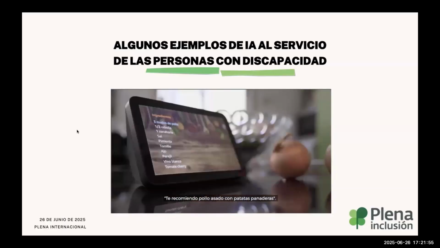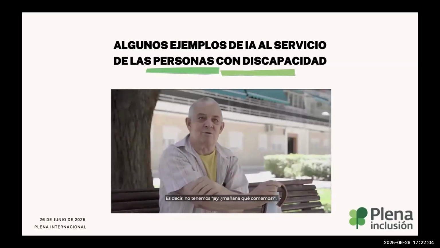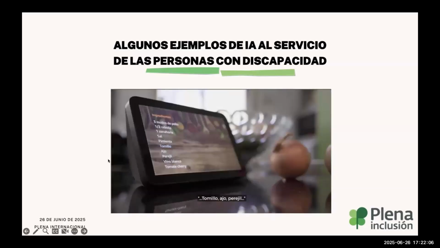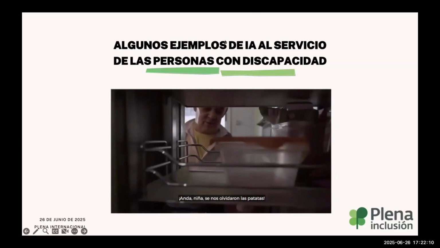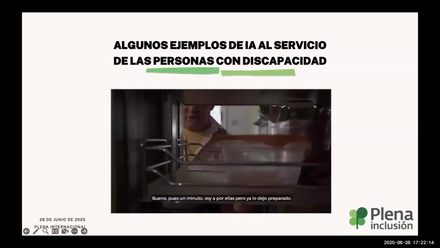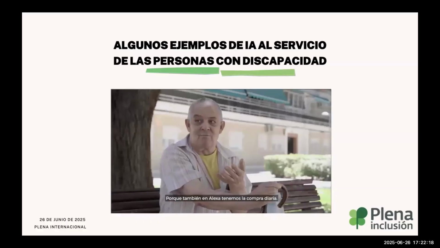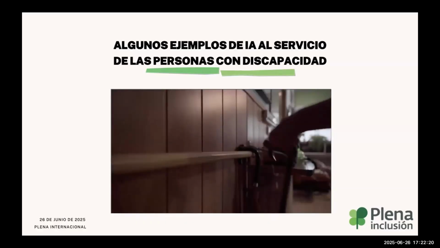I recommend you roast chicken with potatoes and the meals. All are programmed for the family. We don't have to say, what will we eat tomorrow? Parsley, garlic. Oh, we forgot potatoes. Wait a minute, I'm gonna find them and everything will be prepared.